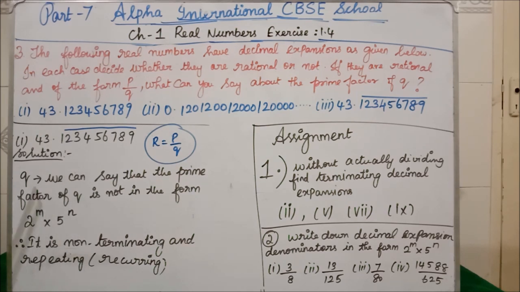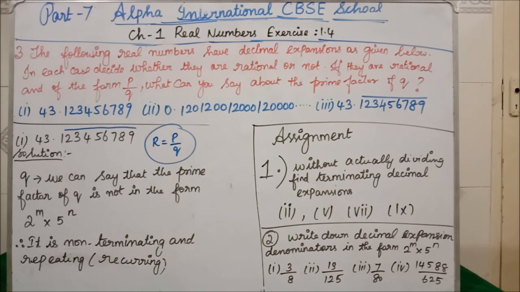So 43.123456789, which means what? Rational number means we have to get it in the form of P by Q. Since this number is non-terminating, because we cannot write it in the form of P by Q, the prime factor of Q is not in the form.